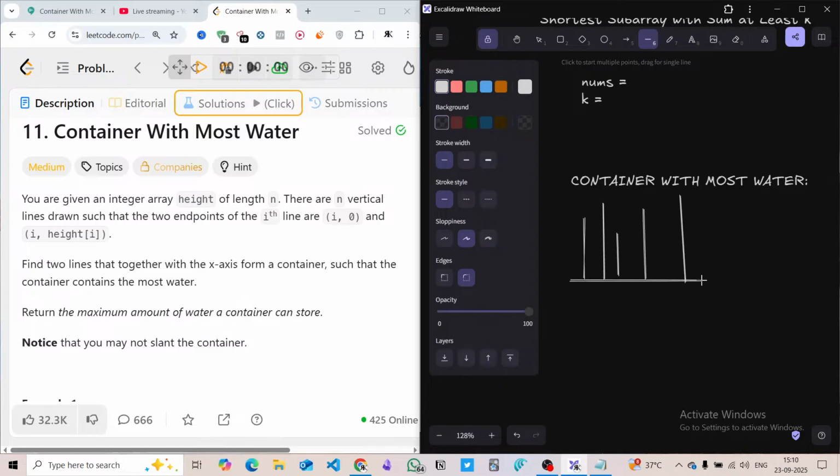So there are n vertical lines drawn such that the two endpoints of the ith line are (i, 0) and (i, height[i]). Find two lines that together with the x-axis form a container such that the container contains the most water.